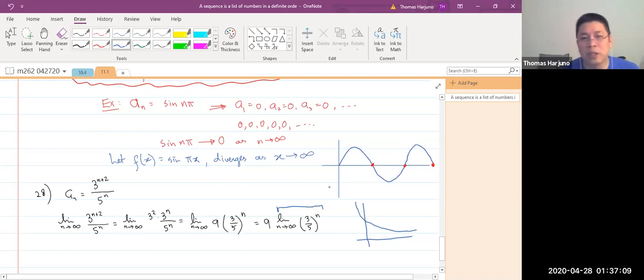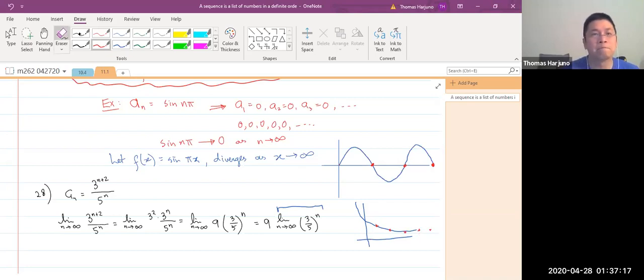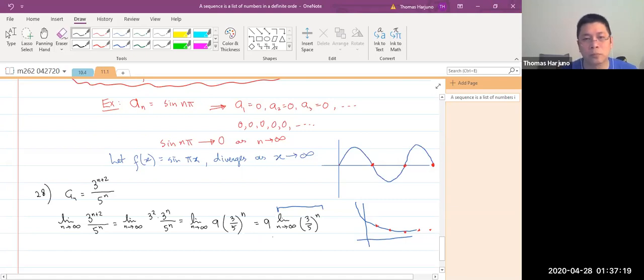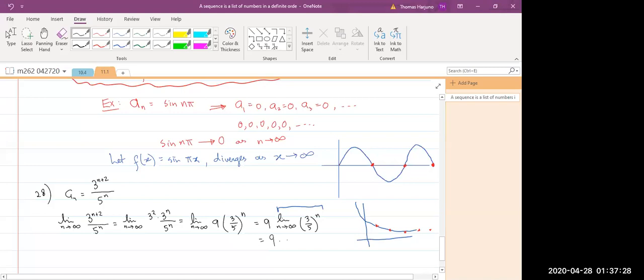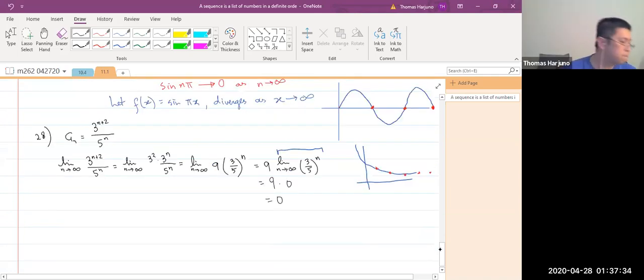And the sequence will be here. You see what I mean? So what's the limit? The limit of this one is equal to 0. Okay, that's for number 28.